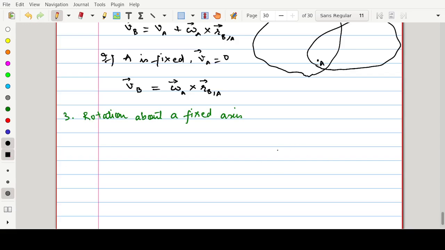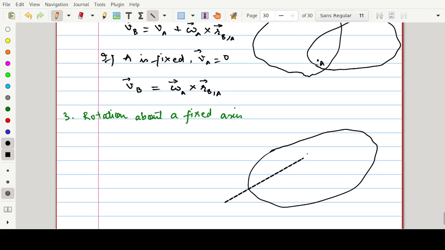So suppose that you have a body and now it is rotating not just about a fixed point but about an axis. So for example, it has this axis and your rotation will be about this axis only.